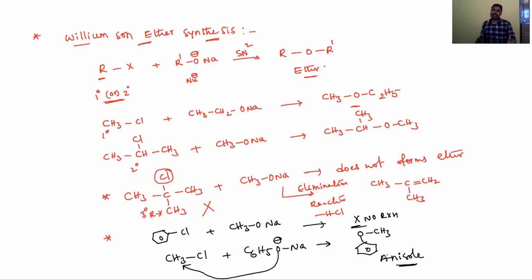Okay, students. So tertiary alkyl halides as well as aryl halides and vinyl halides do not give Williamson ether synthesis. If you want the corresponding ethers, the alkyl group must come from the alkyl halide and the other group from the sodium alkoxide. Let's see one more example.